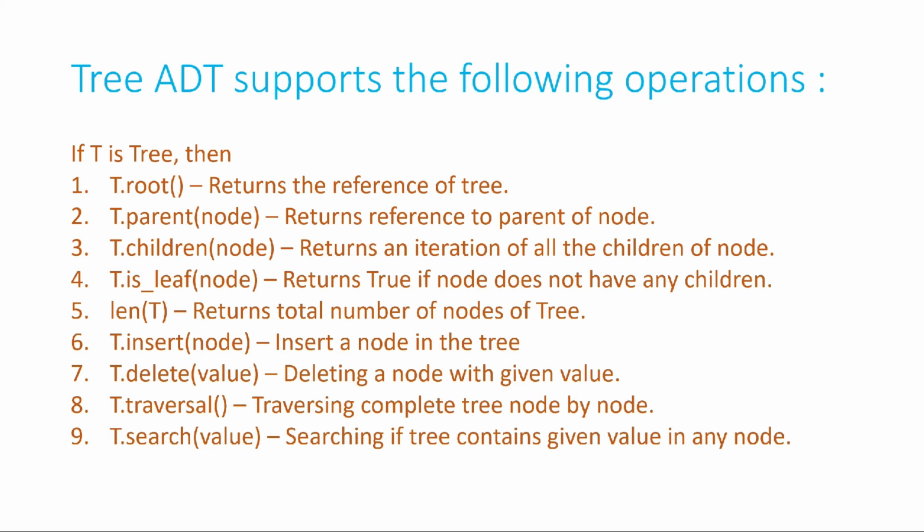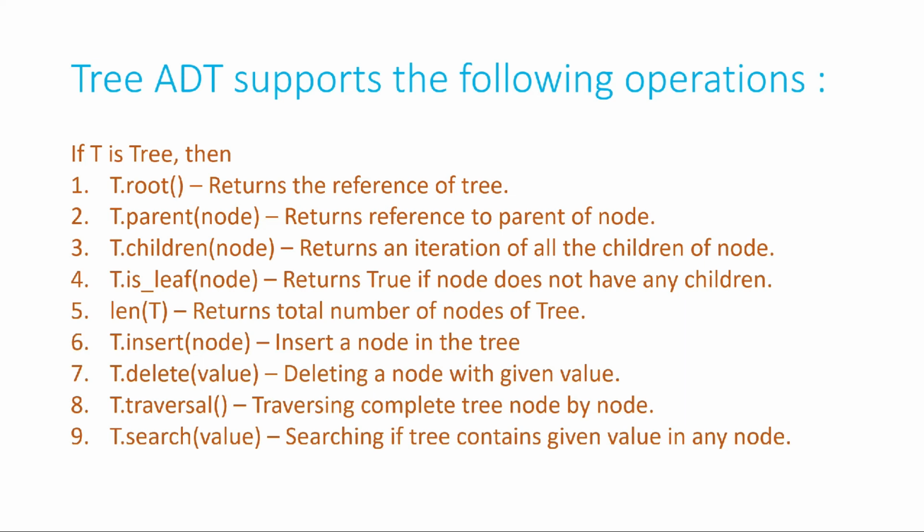What are those? Firstly, T dot root. It returns me the reference of the root of the tree. Second and third are for returning parent and children of a node. If I pass a node, I should get the reference of the parent node of it. And in the third method, if I pass the node, I should be able to get the iteration of all the children of this node.